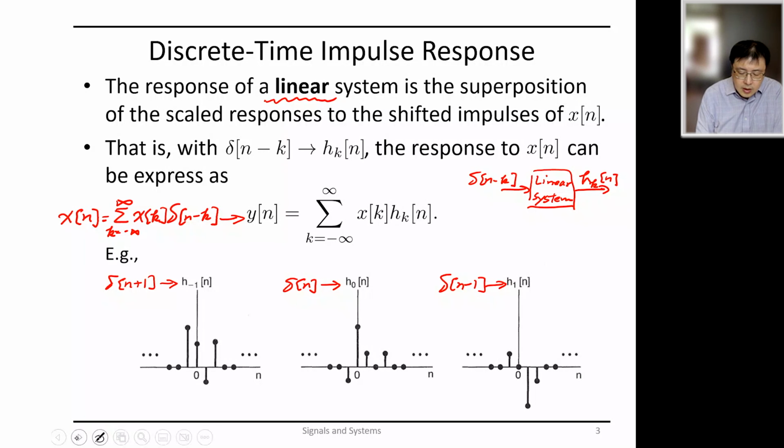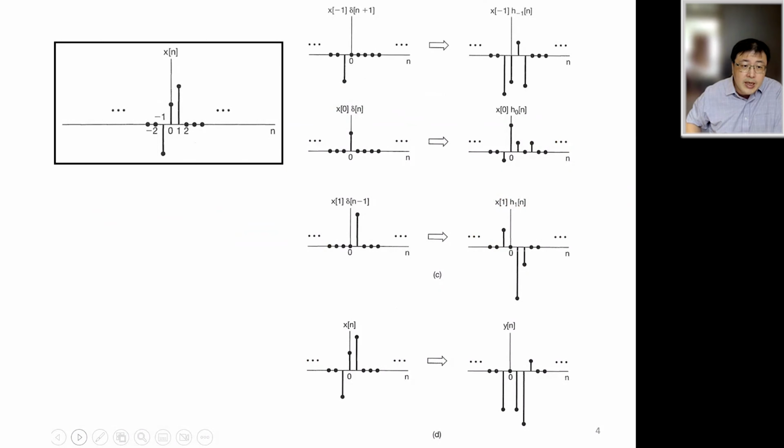All right. So on the next page, we have a simple example. Suppose that we have a signal xn that is equal to something like this. So you have values at -1, 0, and 1, and 0 everywhere else. Okay.